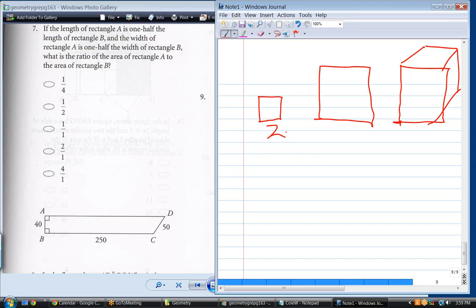If this is 2, and this is 4, and this is 4, my linear ratio is 2 to 1, correct? My area ratio is 16 to 4, which is 4 to 1. And my volume ratio is going to be the cube of the linear ratio. It's going to be 8 to 1. The volume of this thing is 4 times 4 times 4, 64. So 64 to 4.